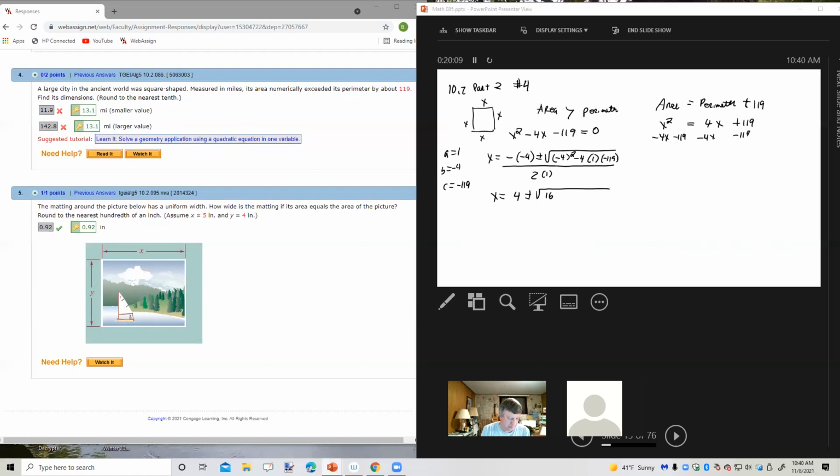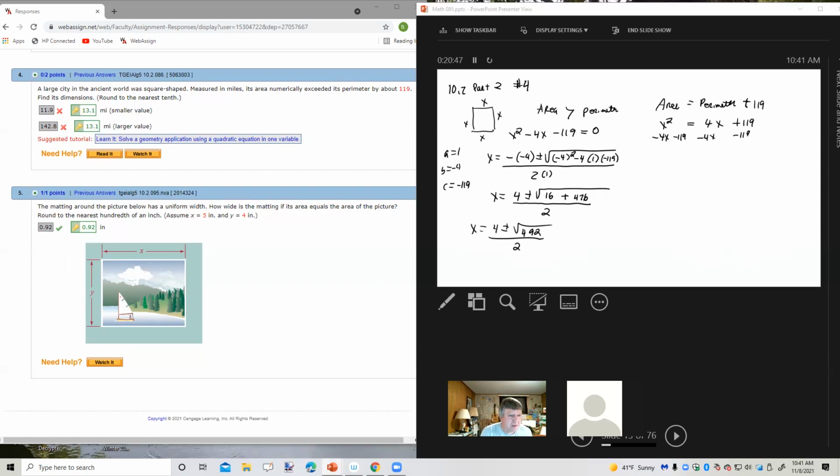And then we've got -4 times 1, which is -4, and that's times -119, which is a positive 476, all over 2. So x equals 4 plus or minus the square root of 492 all over 2. Let's see if 492 is a perfect square. It's not.